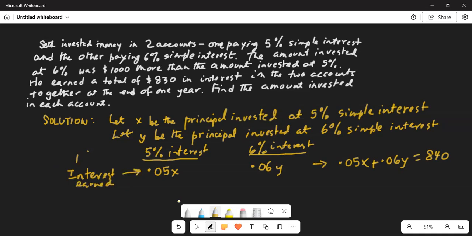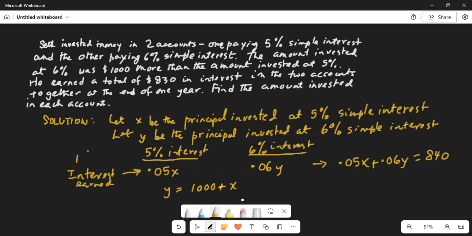And we also know that the amount invested at 6% was $1,000 more than that invested at 5%. So the amount invested at 6% is Y, and that is $1,000 more than the amount invested at 5%. So Y is equal to 1,000 plus X.